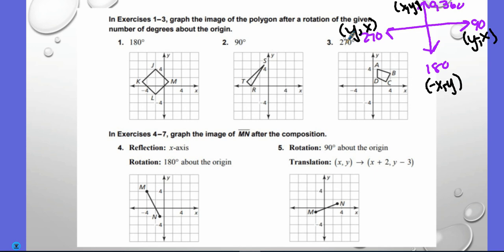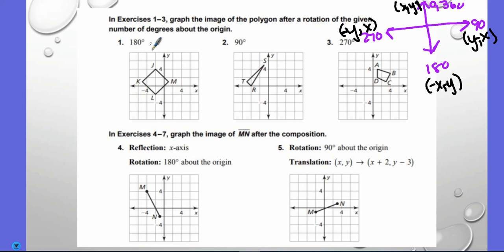Only thing different here is just the Y becomes negative. So once you make the switch, these two across from each other should be the same. These two across from each other should be the same. And these are just going to be negative, and then you're just going to do the opposite of that. So if the Y is positive here, it's going to be negative at 270. And if the X is negative here, then it's going to be positive at 270. Or it's just the opposite.